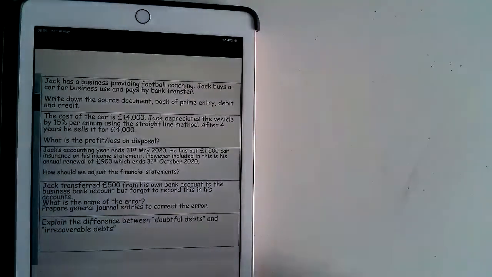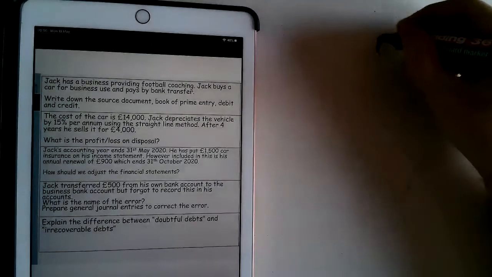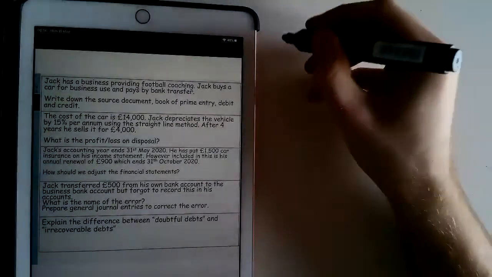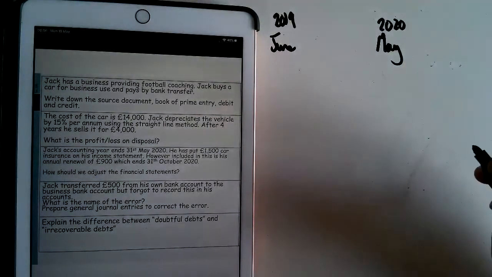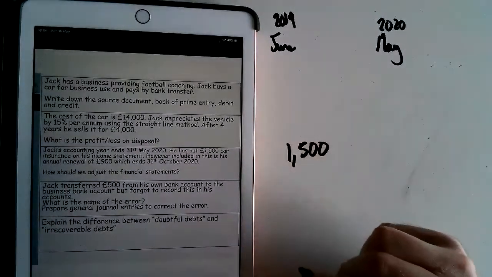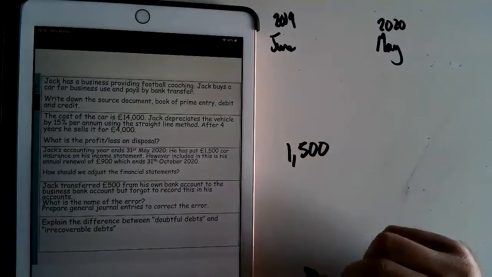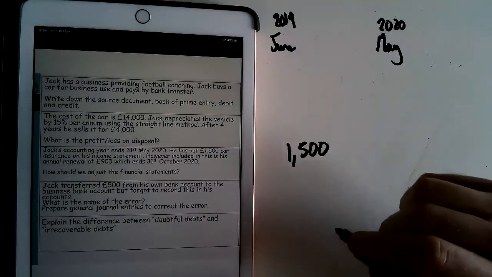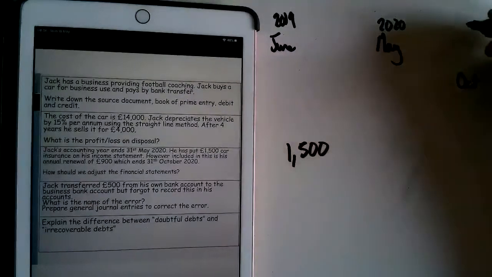Third one, Jack's accounting year ends 31st of May 2020. So that means it began June 2019. He's got 1,500 for car insurance in the income statement. However, included in this is his annual renewal of £900, which ends October 2020.